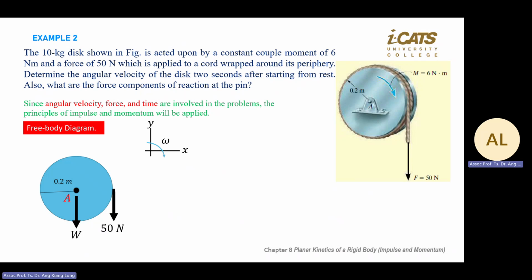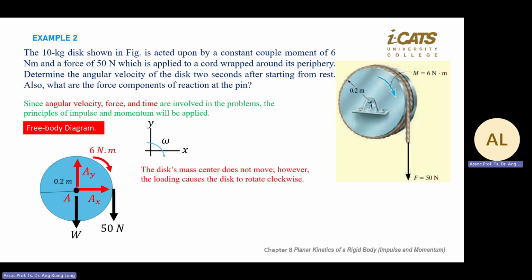W goes down from the center. Ax, Ay. And there's a moment. Okay, so there should be no issue with this diagram. So what is a careless mistake? Your W is always missing, in chapter 7 or chapter 8.